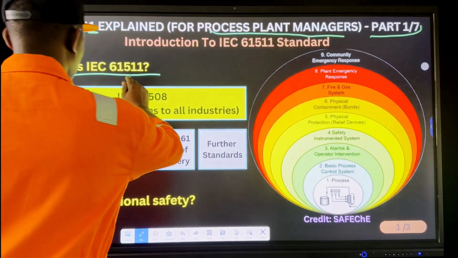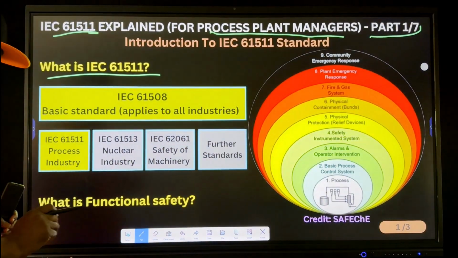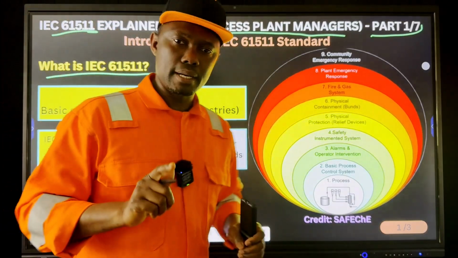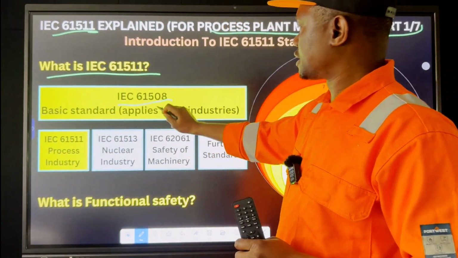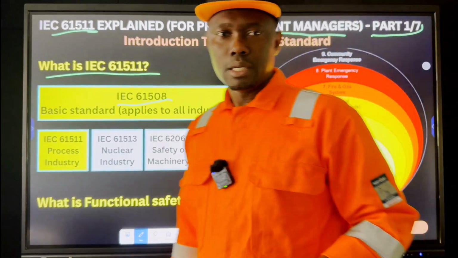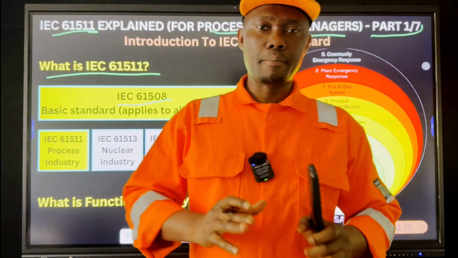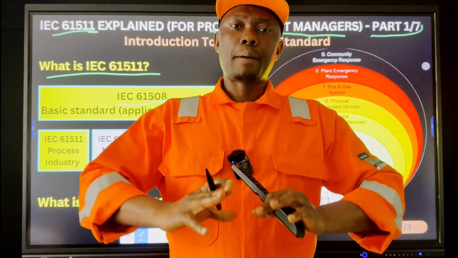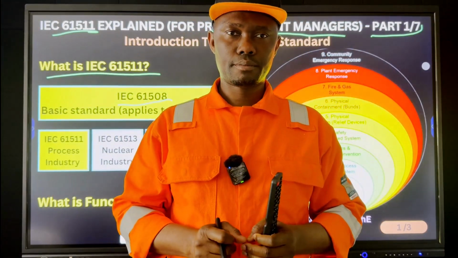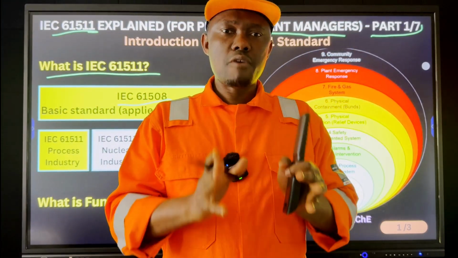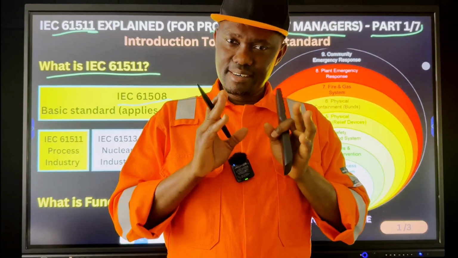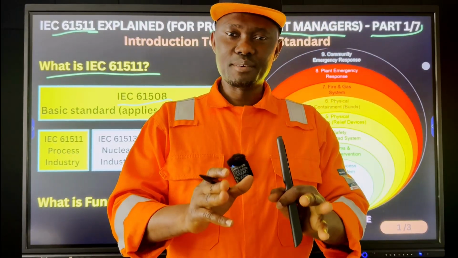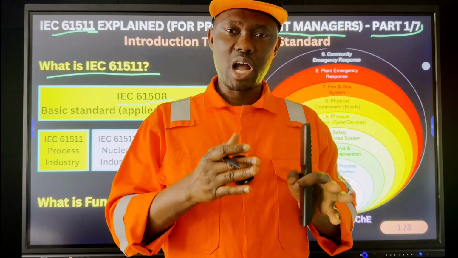This IEC 61511 standard has a parent standard, which is IEC 61508. The IEC 61508 is the basic standard that applies to all industries. But remember that every industry has unique challenges, unique risks, unique requirements.